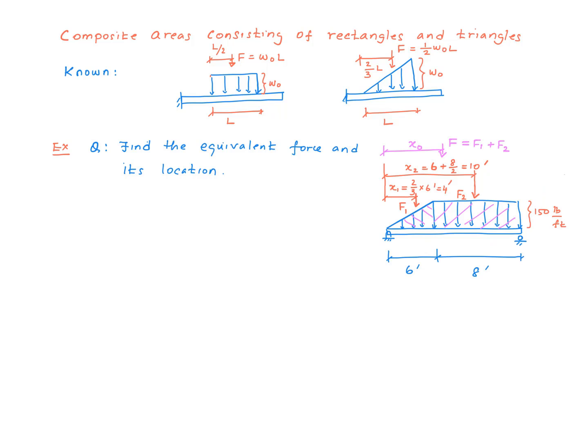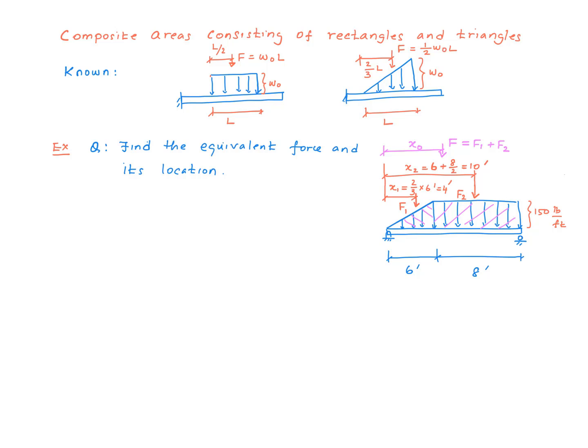So we go ahead and divide this into a triangle and a rectangle. And this triangle has this as the resultant force F1, and the line of action of that force is going to be 2/3 from the vertex, right? So this distance, we'll call this as X1. X1 is going to be 2/3 of the height of the triangle, which is 6 feet, and that works out to be 4 feet.